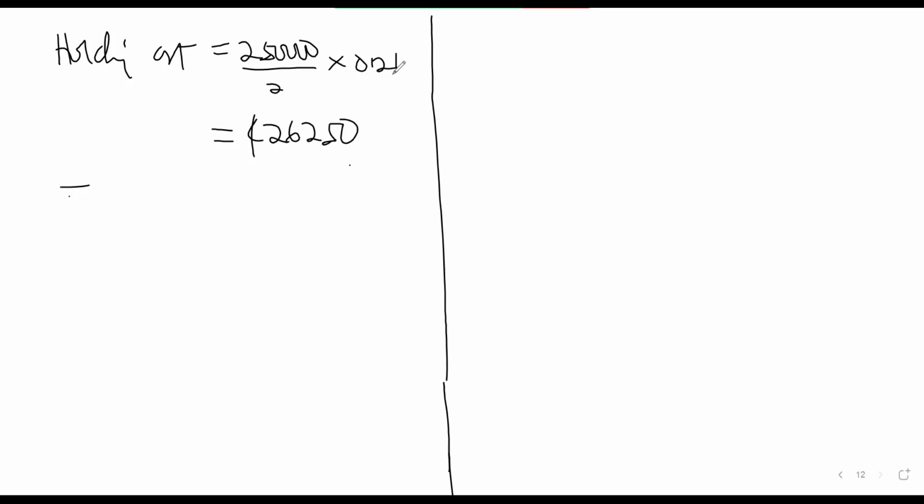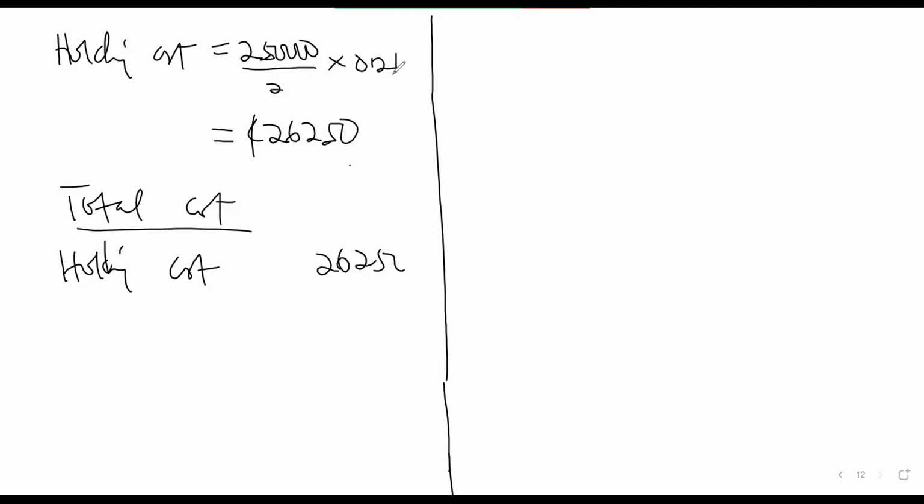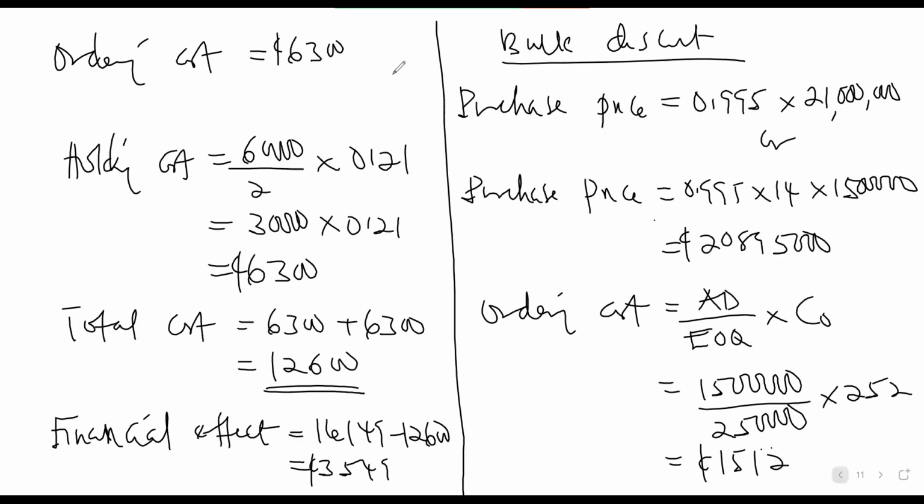Okay, let's now calculate the total cost. We use the holding cost of 26,250, then the ordering cost of 1512. But the discount is going to reduce this, because we are assuming that the purchase price will be the same for all of them, but here it is not the same.